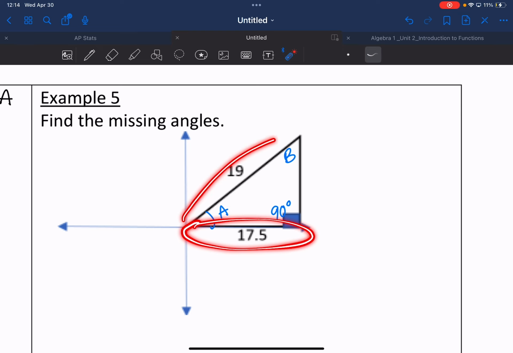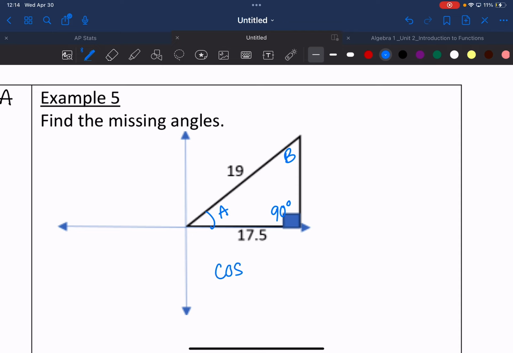Adjacent. And then the hypotenuse over here. So which trig function is adjacent and hypotenuse? Cosine. So I would do cosine of A is equal to 17.5 divided by 19. I need to get the angle A by itself, and I do that how?